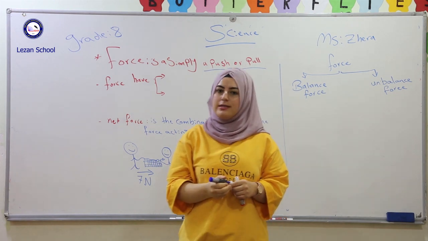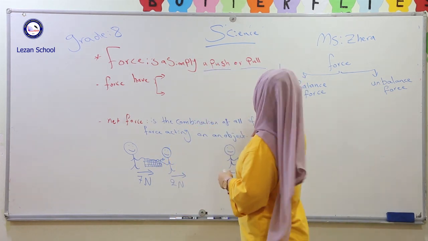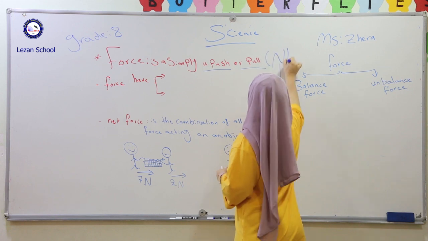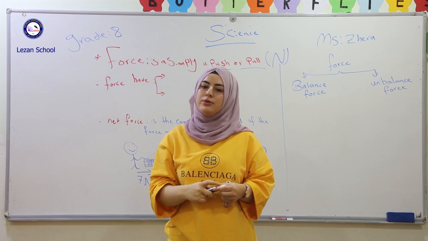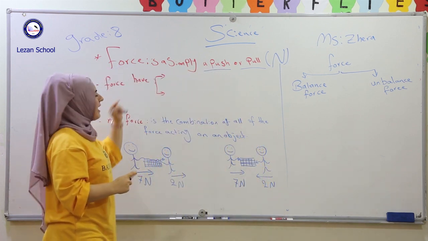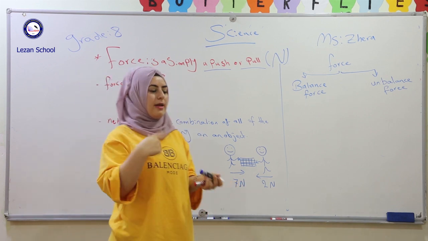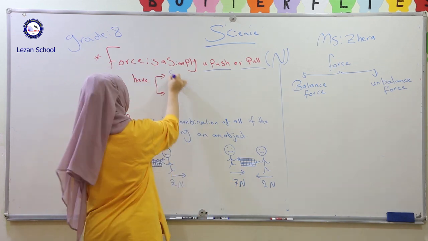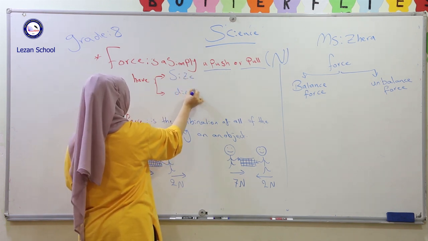The scientific unit for force is called Newton. Write down capital letter N, called Newton. This is the unit used to measure force. By the way, force depends on two things: it has a size, and it has a direction.